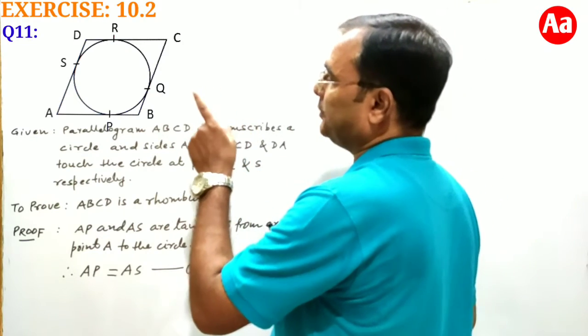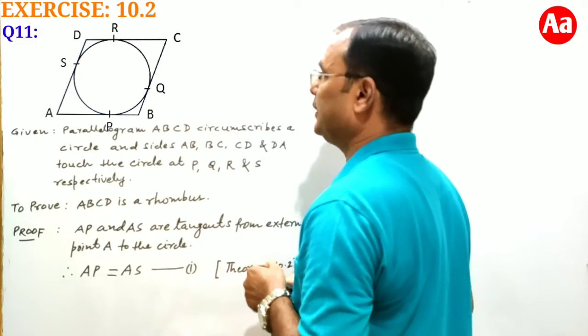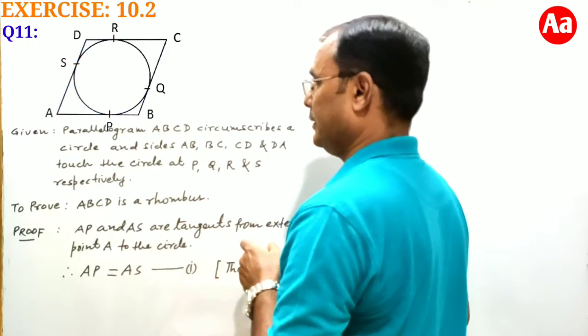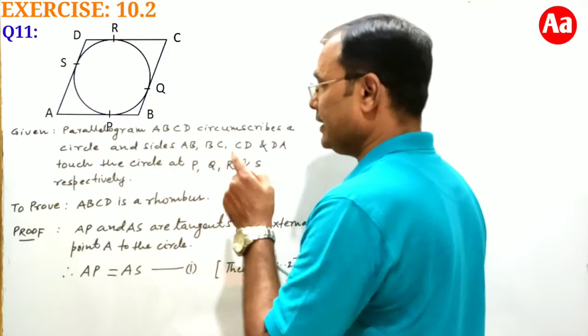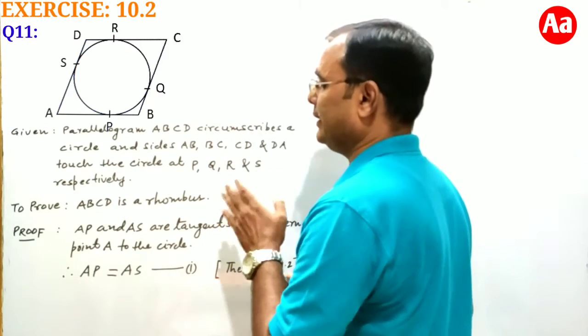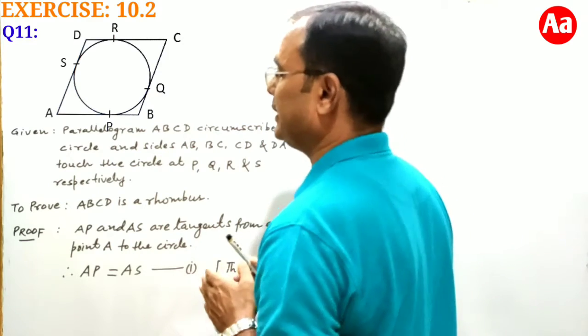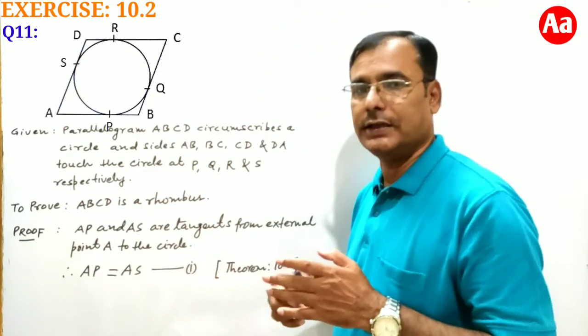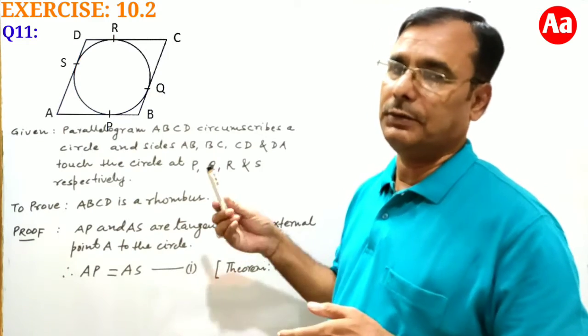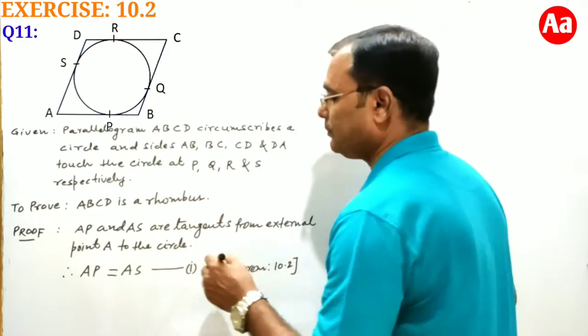Similarly, from point B, BP and BQ are two tangents, so they are equal. CR and CQ are also equal, and DR and DS are also a pair of tangents drawn from an external point to the circle, so their lengths will be equal.